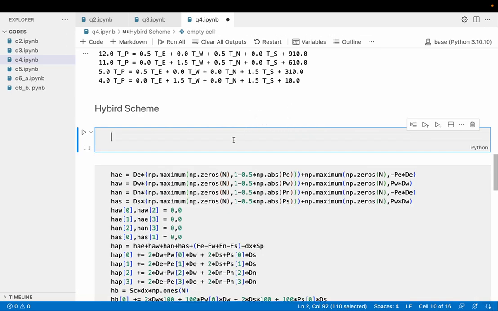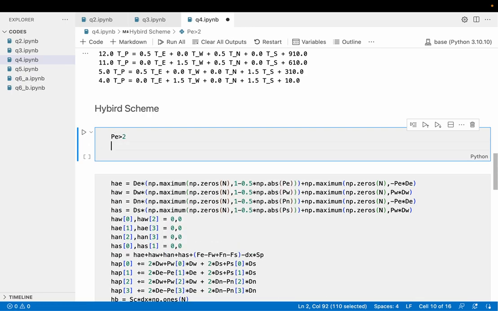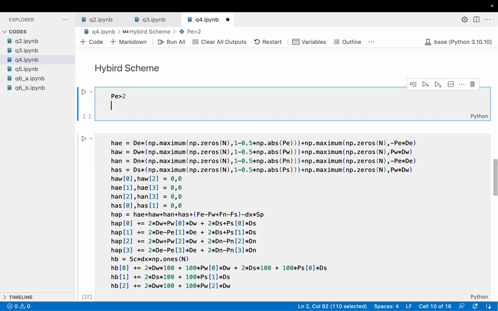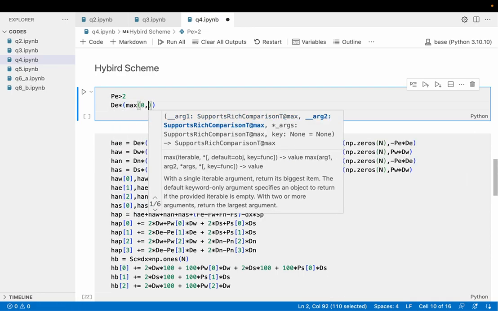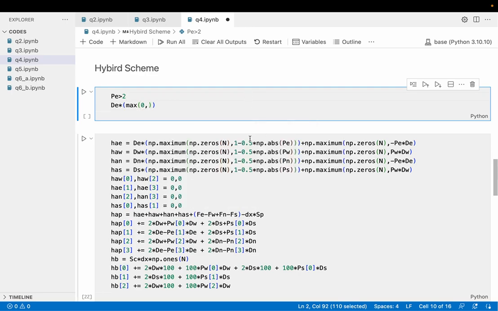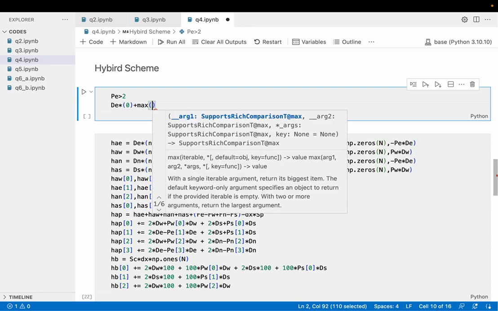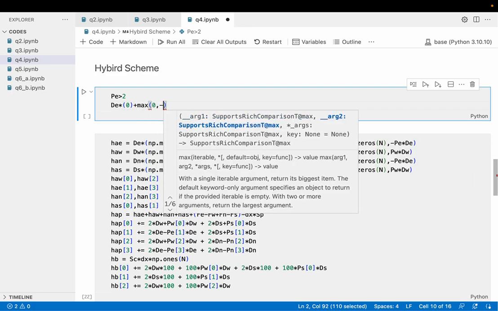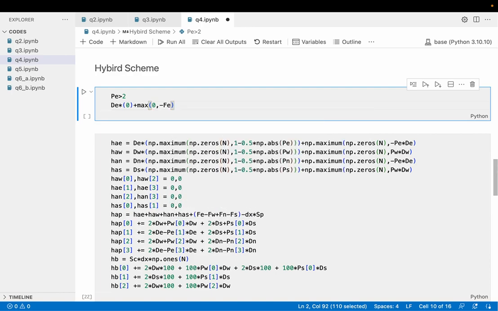Maybe I'll write for one of the cases. Say if the Peclet number is greater than 2, in that particular case you'll have DE times the maximum of 0 comma your, if the Peclet number is greater than 2, this particular number will be negative, so the maximum will be 0. So you have DE times 0 plus you have the maximum of 0 comma minus FE.